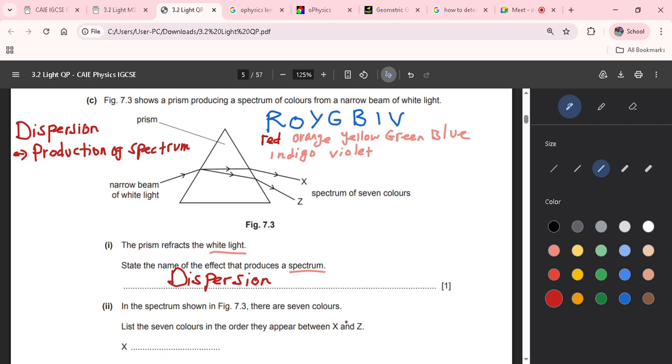There's also refraction. Refraction is the bending of light. The light is straight, and then after that it is bent, going this way. So it's a bending of light.